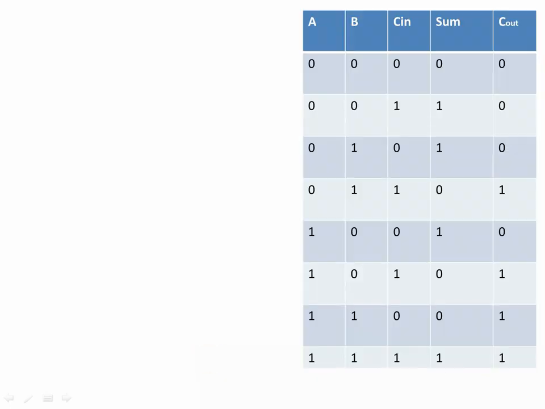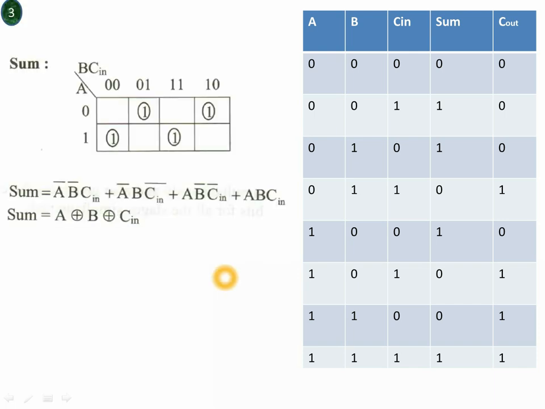Next, after writing the truth table, we have to get the minimized Boolean expression by using the K-map. For sum, we write logic 1 where the sum output is 1: for 0, 0, 1 and 0, 1, 0, then 1, 0, 0, and 1, 1, 1.